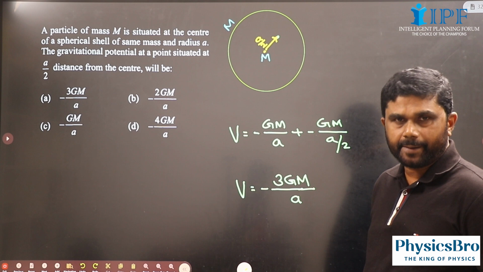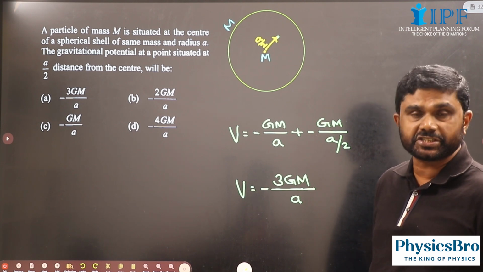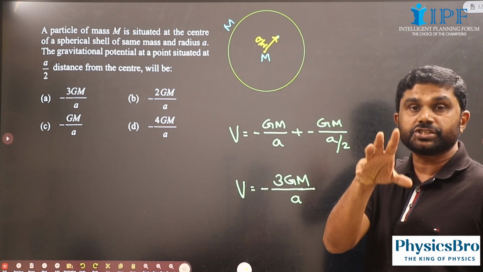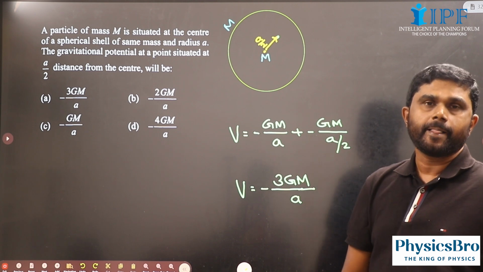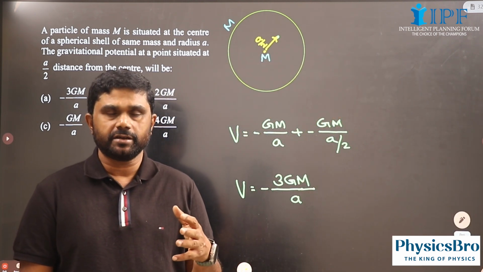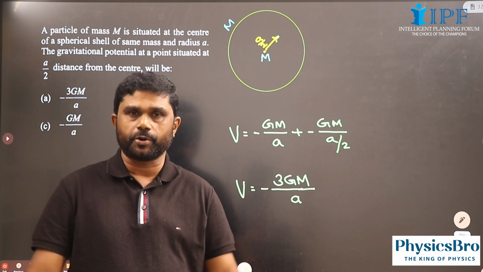Mass of the shell is capital M. There is another mass capital M at the center of the shell. See, at the point of observation, the potential is due to the point mass at the center plus the potential due to the shell. See, a shell produces a potential equal to that on its surface at any interior point.